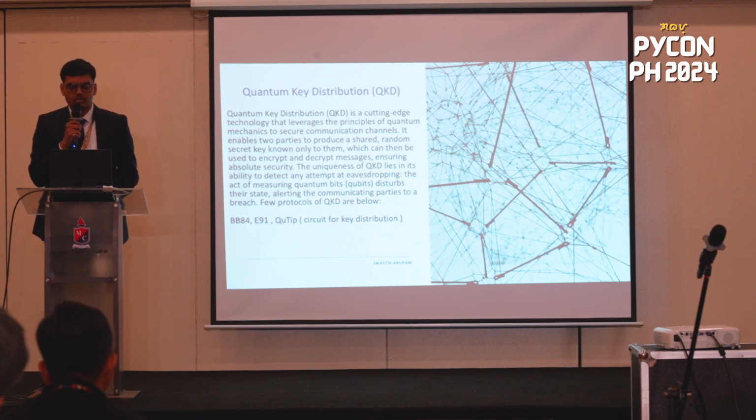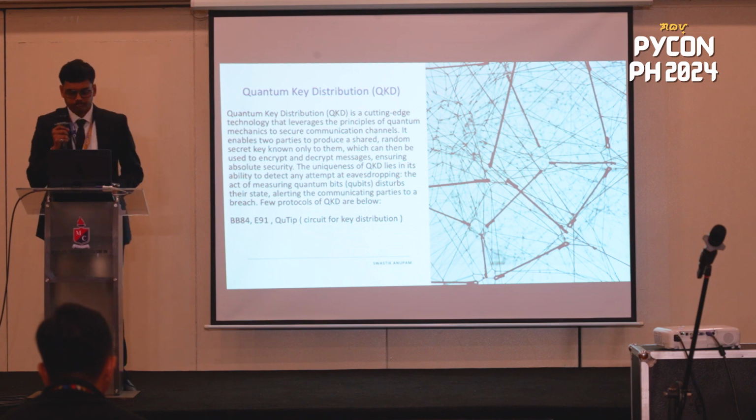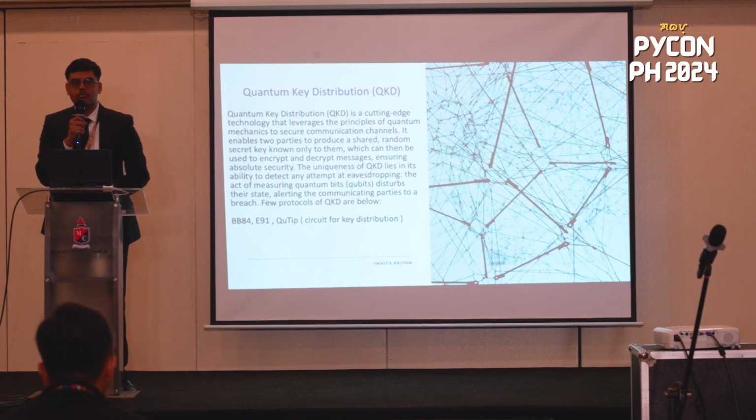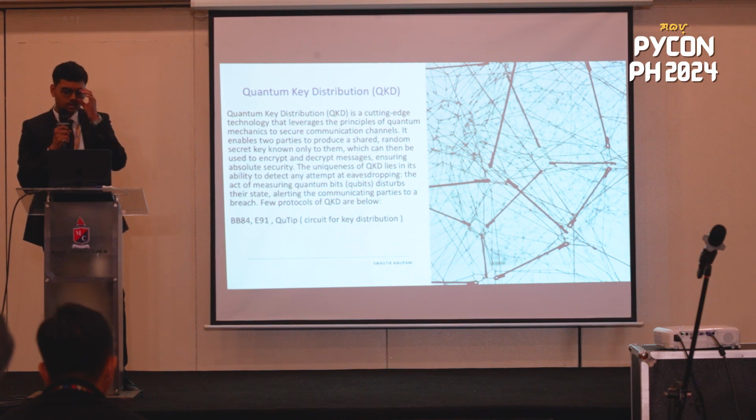So for quantum immunity, or post-quantum cryptography, we have the concept of quantum key distribution. It is also called photon cryptography. Why? Because the data which we want to transfer over a channel, we send over a particular channel called the quantum channel.